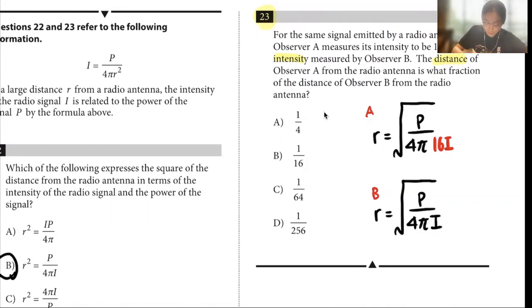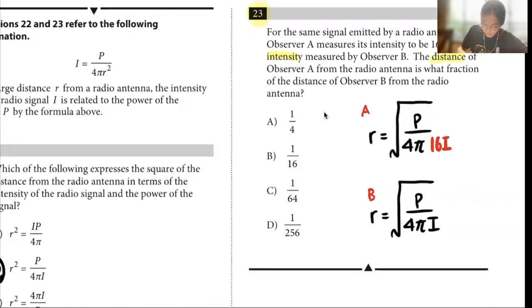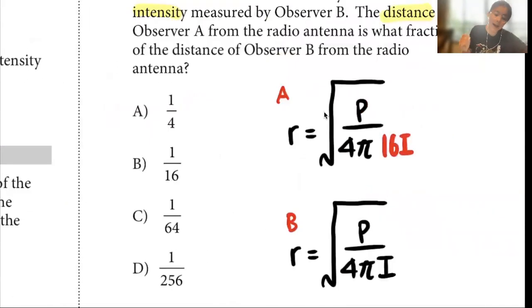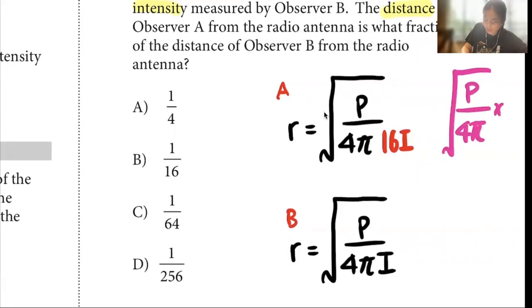When we break this apart, this P over 4 pi 16I, it's going to look something like this: P over 4 pi, and I would personally write it as 1 over 16I.